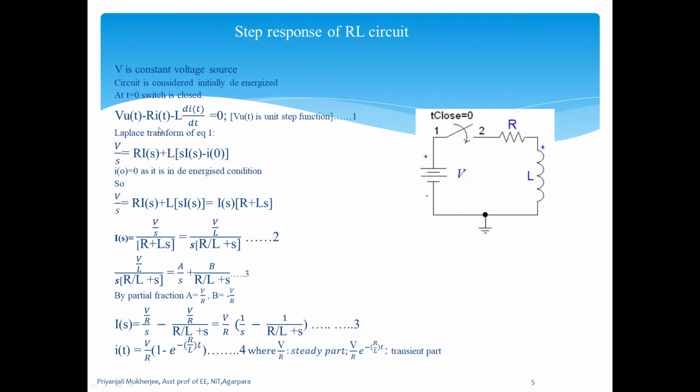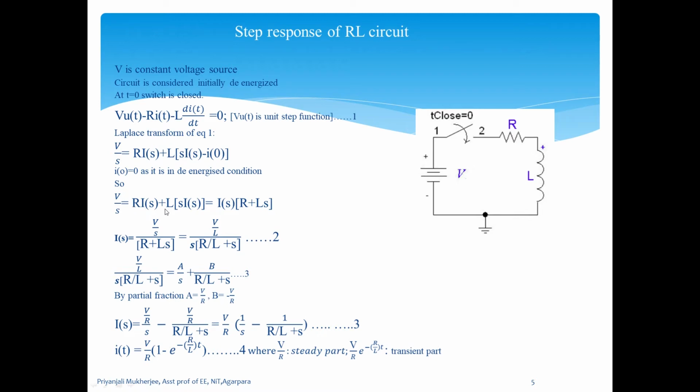So, now we can take the Laplace transform on both sides. So, it becomes V/S, because for the step function the Laplace transform is 1/S. So, this V/S is equal to R I(S) plus L[S I(S) minus i(0)], and i(0) is the initial value of the current, and it is to be considered here as 0, because the circuit has been assumed to be in the de-energized condition.